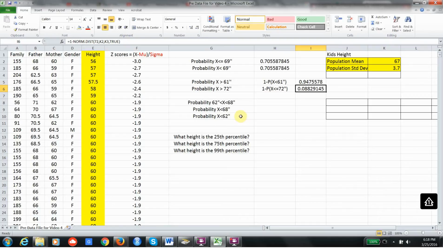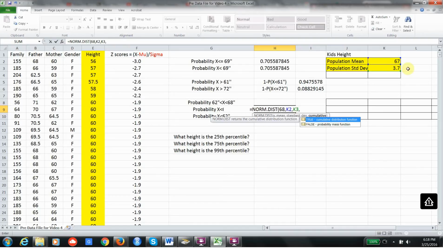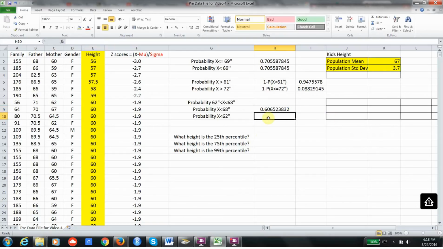You can convince yourself that's true if you draw out a little sketch. So first I'm going to compute the percentile for 68.